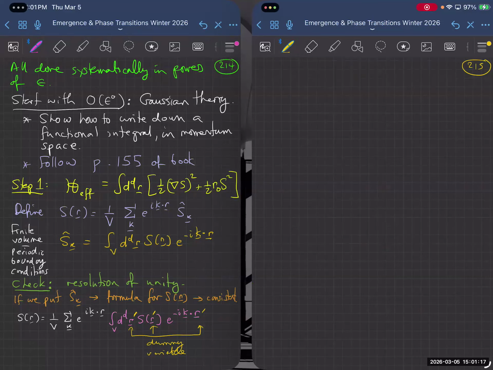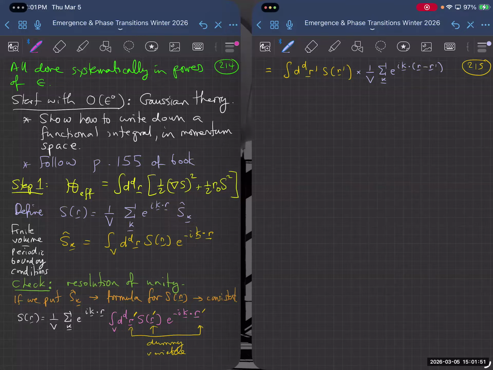Now I'm going to simply rewrite that as the integral d r prime S of r prime. And then what do I have left? I have 1 over V, the sum over k, and then e to the i k dot (r minus r prime), because it is the same k.